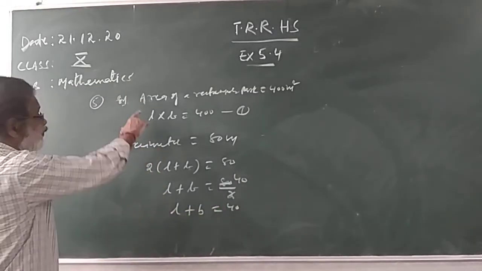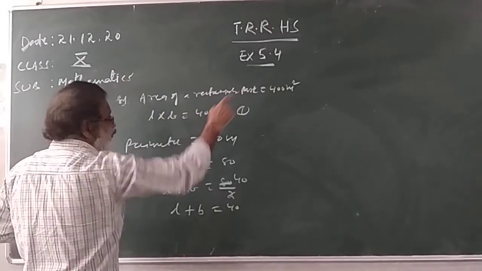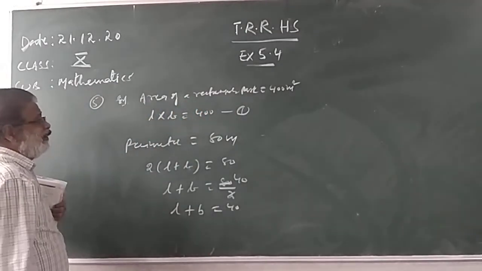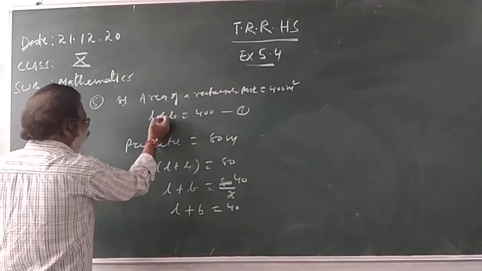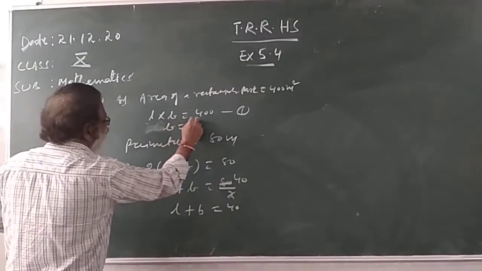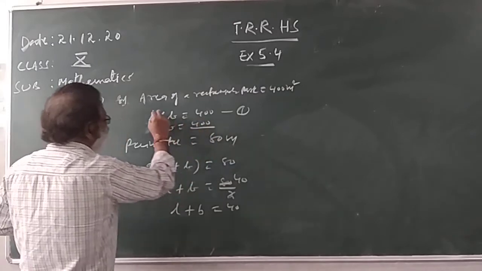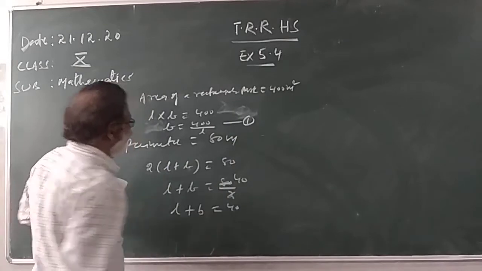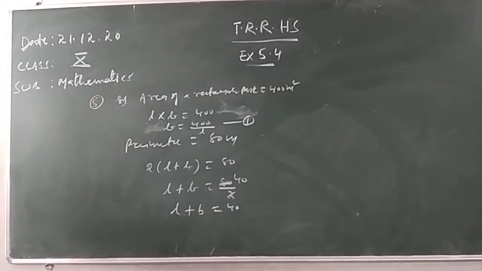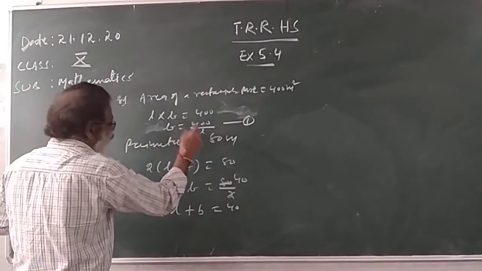In the first equation, L into B is equal to 400, so B is equal to 400 by L.